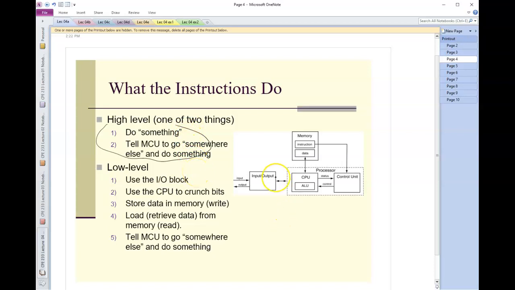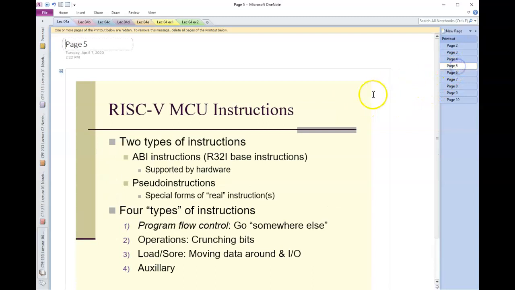In terms of the underlying hardware, these instructions either use this block, they crunch bits, they pass data back and forth between these 2 blocks, and otherwise they just tell the controller or the program to go somewhere else and do something. That's all instructions do. They're actually very simple, as you'll see as we get into them.